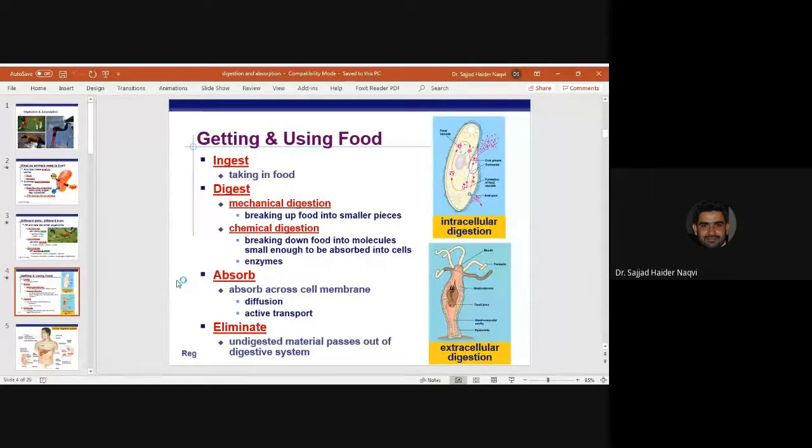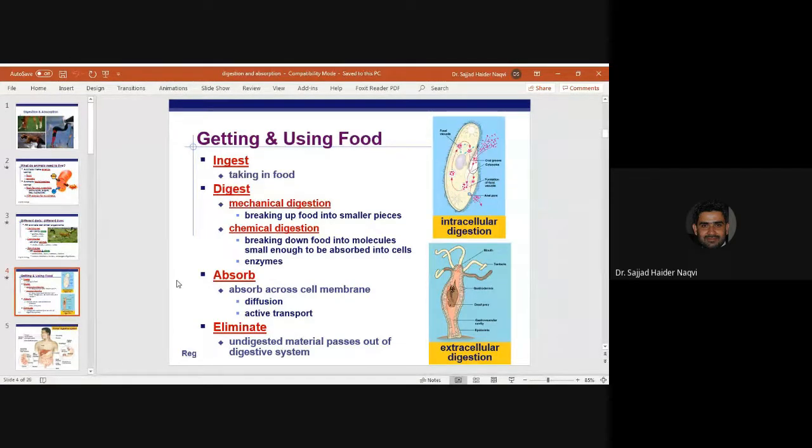So now, once we get the food or we take the food, the next step is utilization. And we can divide that in different stages in order to understand the whole process. So the first stage is ingestion. Ingestion means taking in the food.